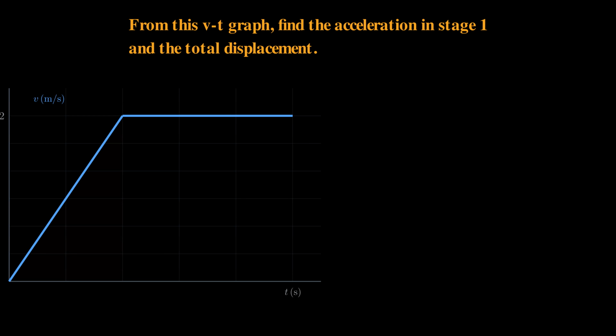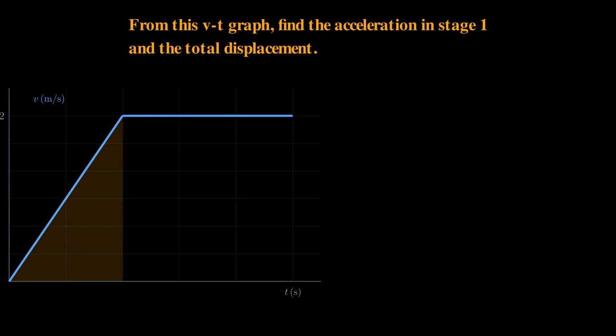Acceleration is the gradient. In stage 1, the velocity climbs from 0 to 12 over 4 seconds. So the acceleration is 12 over 4, 3 meters per second squared. In stage 2, the line is flat, so the acceleration there is 0.